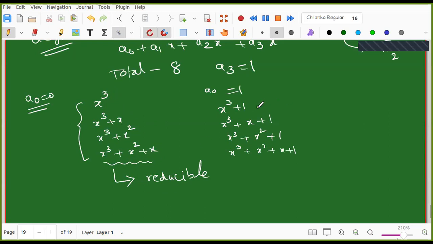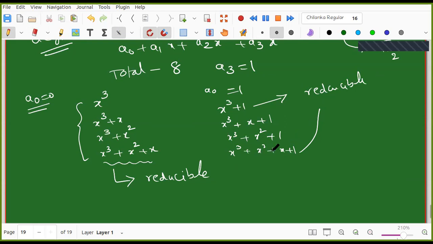What about these? 1 is a root. Why is 1 a root? 1 plus 1, yes, but can you tell me a better way, for these two together, in one shot? Both of them are satisfied by 1.